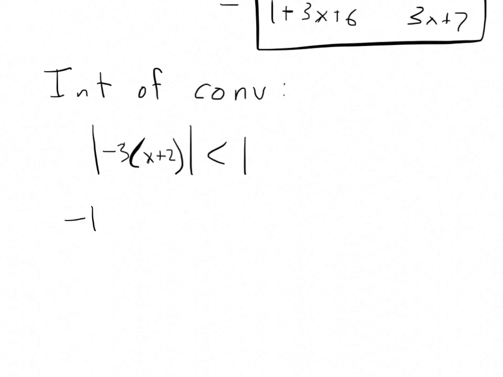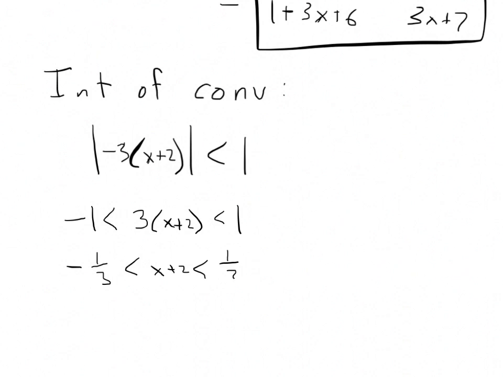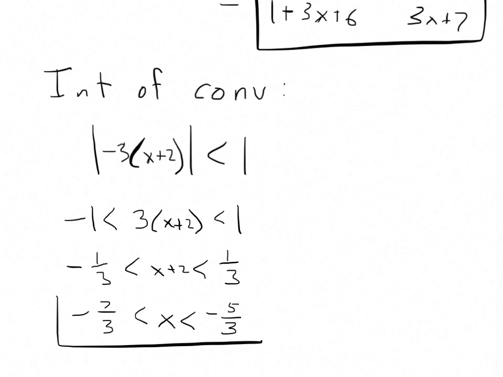I'm going to have negative 1 is less than 3(x+2) less than 1. I'll divide all the sides by 3. Negative 1/3 less than x plus 2 is less than 1/3. And then when I subtract 2, I'll get negative 7/3 is less than x is less than negative 5/3. And this is my interval of convergence.